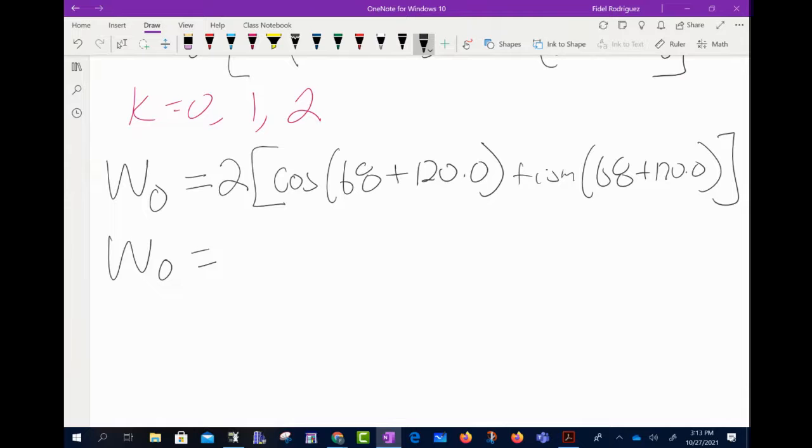Everybody agree 120 times 0 is still 0? So those are going to go away. Wouldn't this just be 2, and I'm going to use the abbreviation CIS, 68 degrees.